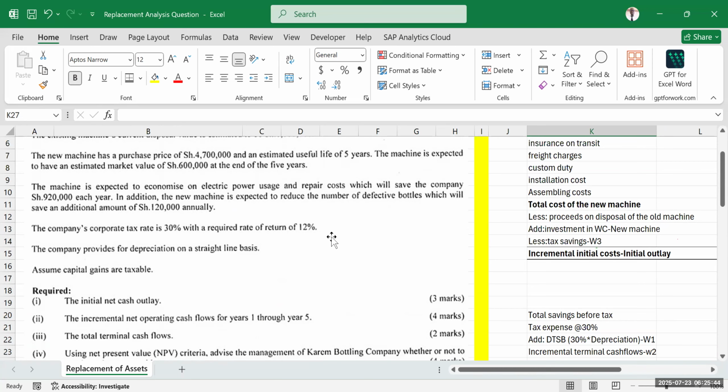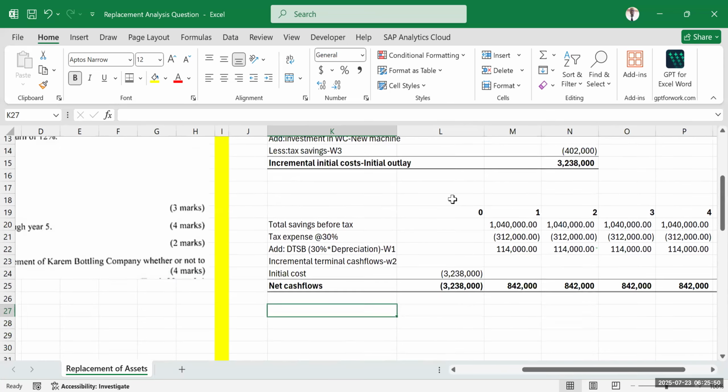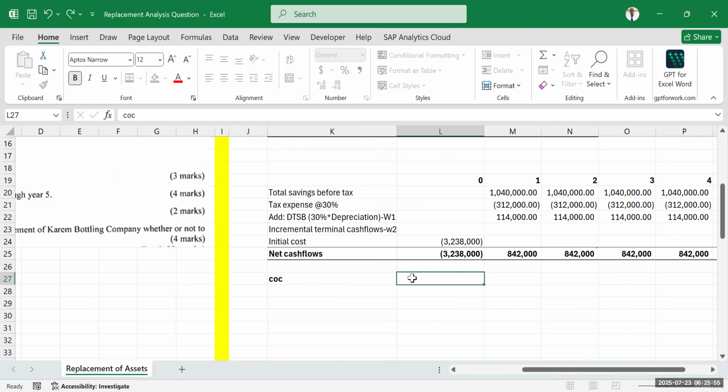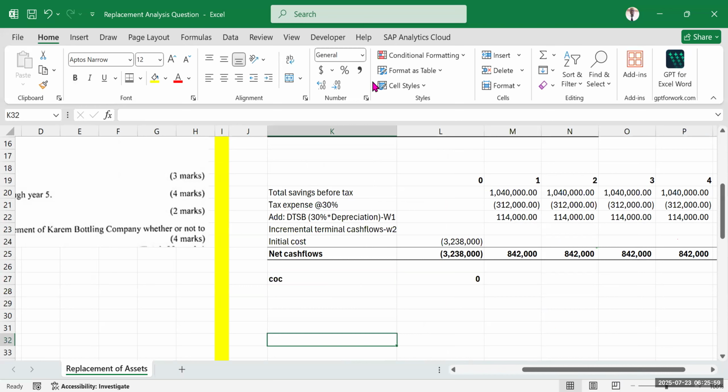Required rate of return of 12%. And 12% is our cost of capital. So what do we do? We come here and say cost of capital is how much? 12%, like that. And the 12% will now help us to do our NPV.